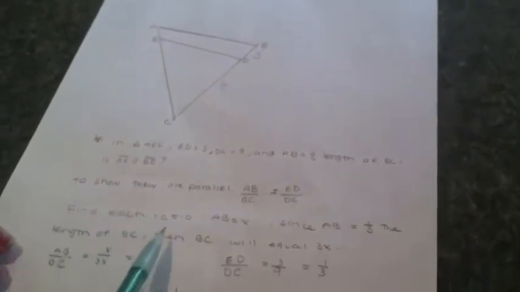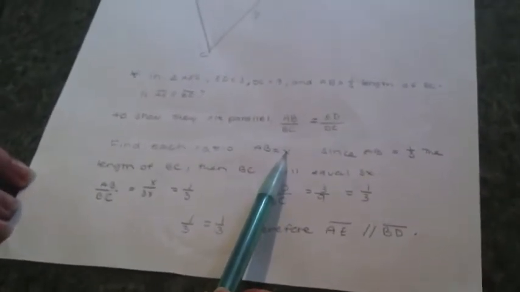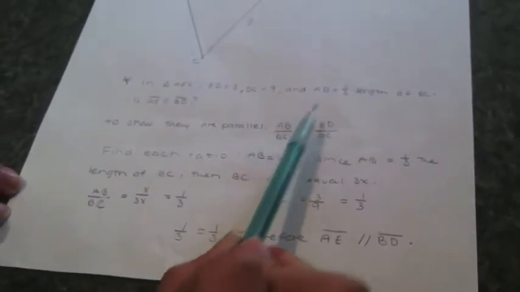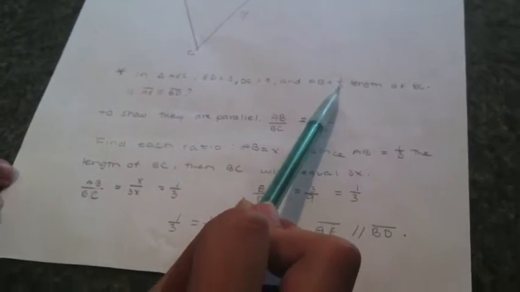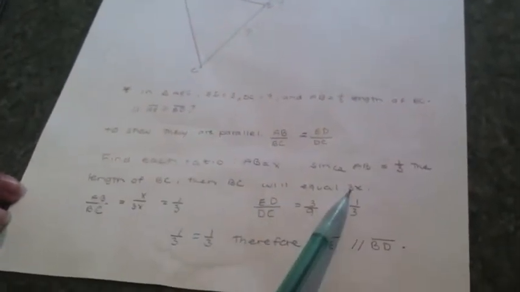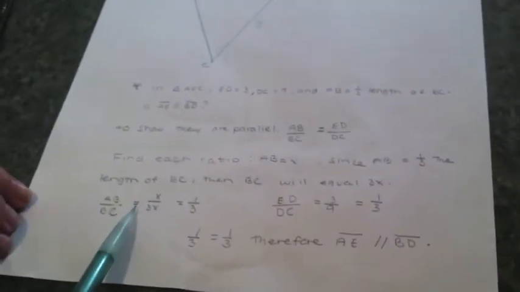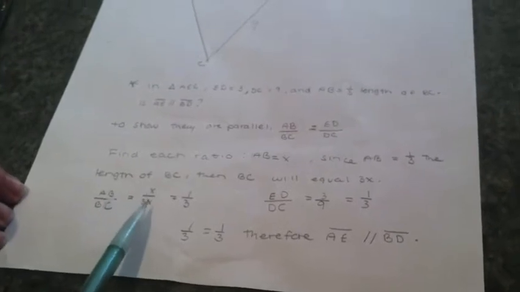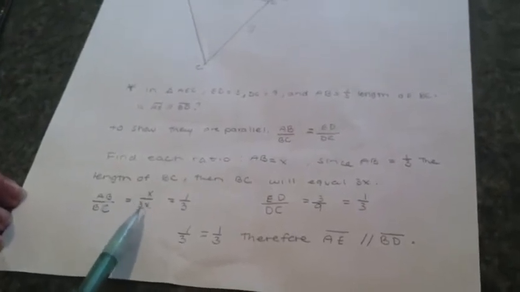To do this, we must find each ratio. Say AB is equal to X. Since in the given information, AB is 1/3 the length of BC, then BC must be 3X. AB over BC, when you substitute the numbers in, is X over 3X.